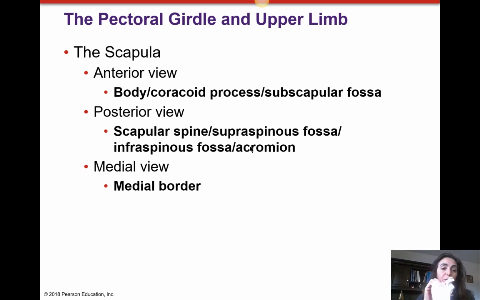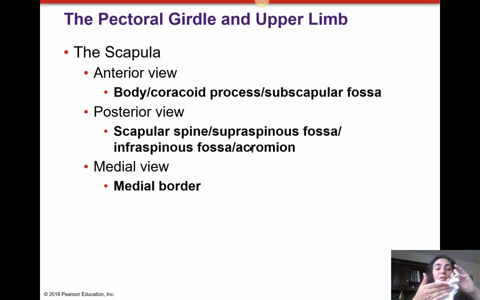On the anterior view, you have the whole body here, and then you have a process here on the anterior side that you call the coracoid process. Coracoid process. Later you will see that many of the muscles are attaching to this coracoid process.